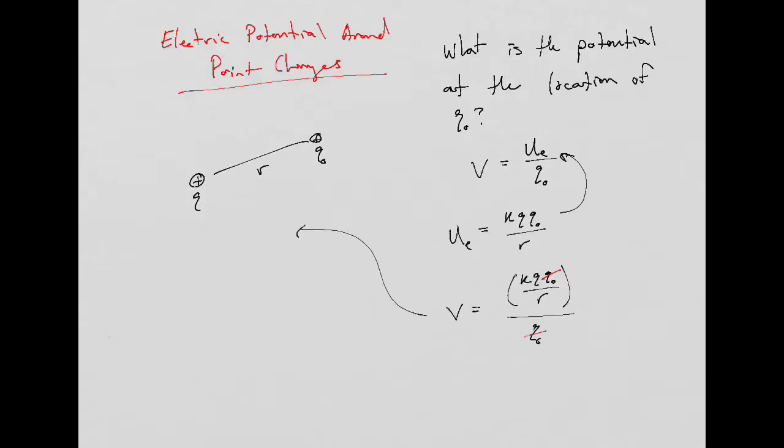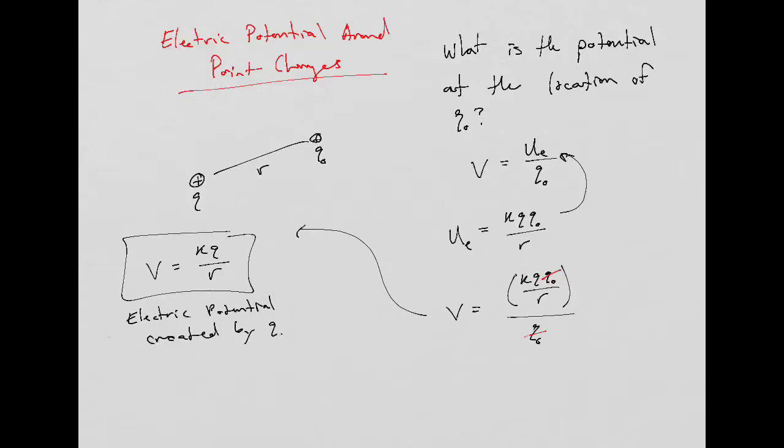So the potential only depends on Q. This is the electric potential created by Q. What this is telling us is that not only do charges create electric fields, they create what we call potential fields.